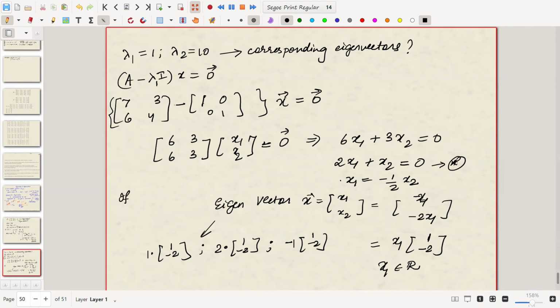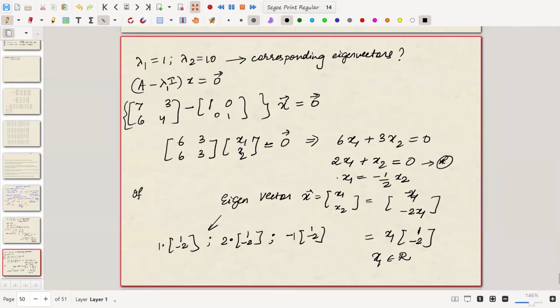Let me write this here. What I meant is, if x bar is an eigenvector, then alpha x bar is also an eigenvector.